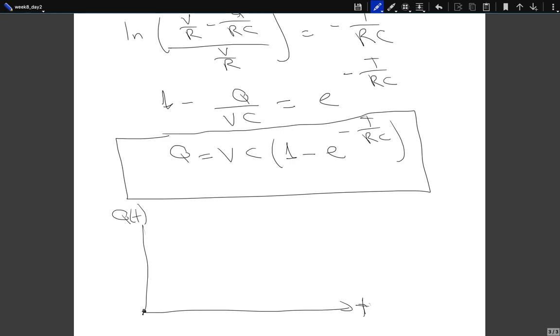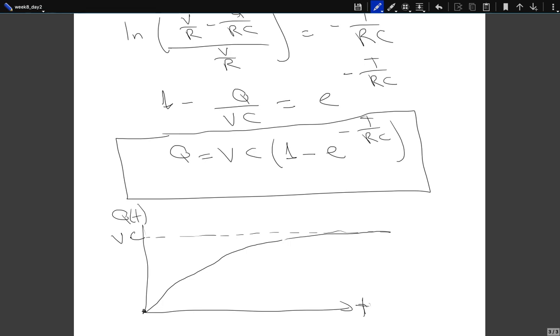And when t is infinity, when t becomes very, very enormously large, Q just becomes C times V. So Q increases, but the increase slows down, and only asymptotically it reaches V times C. But that was also something that we expected.